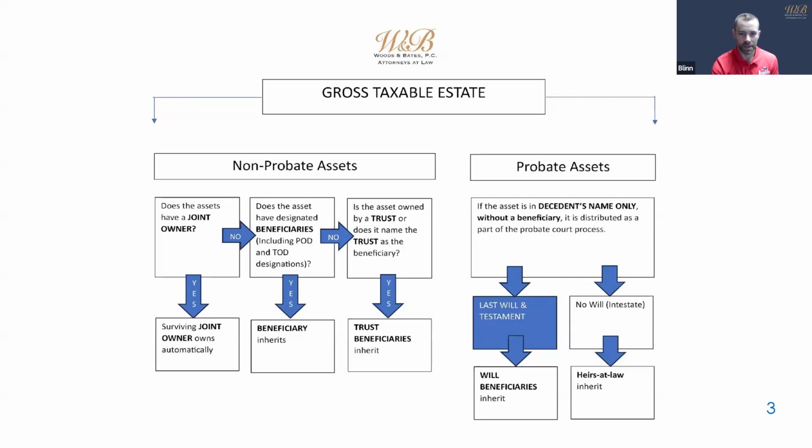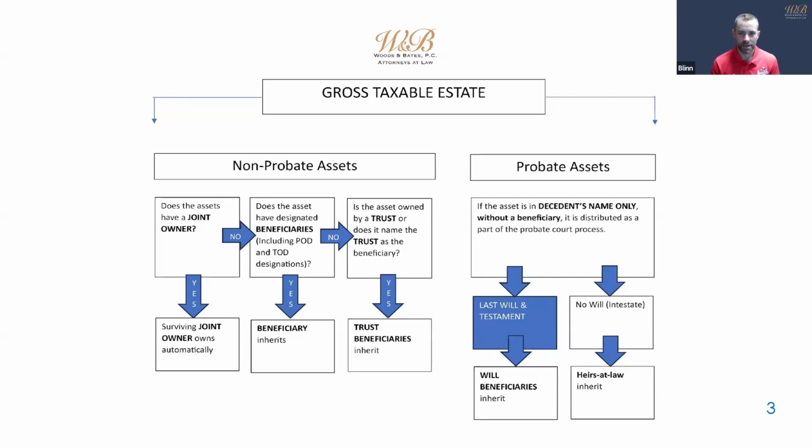Non-probate assets are assets that did not go through the probate process. So those are not going to be controlled by the court process that we're talking about today. That includes things like assets that have joint owners, assets that list beneficiaries, payable on death designations, transfer on death designations, those types of things, and any assets that may be owned in trust.